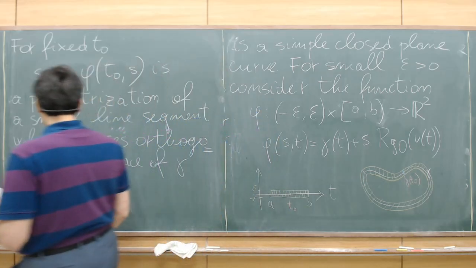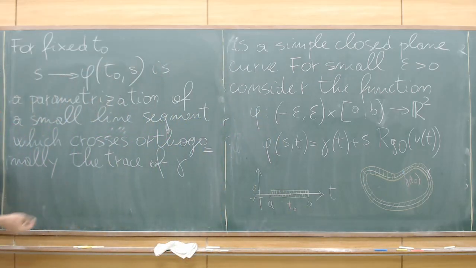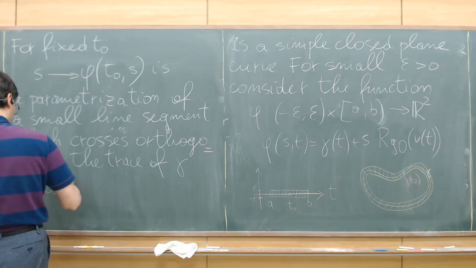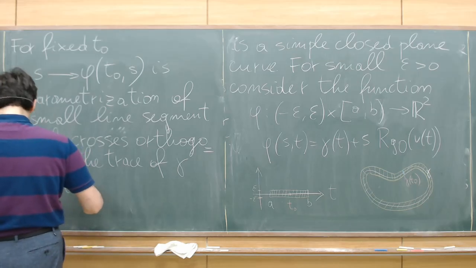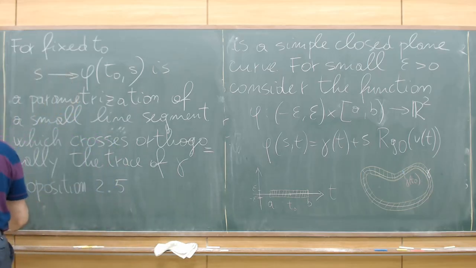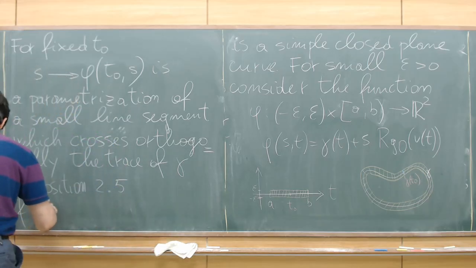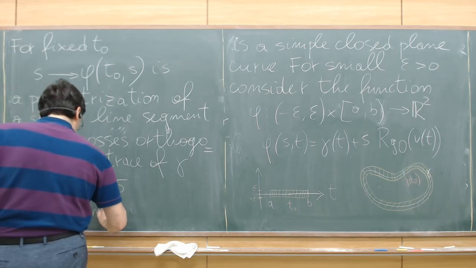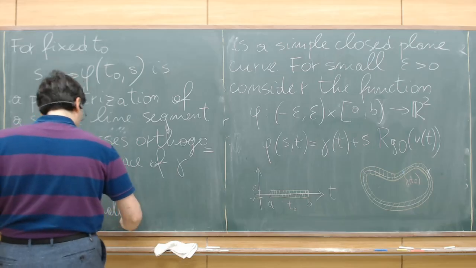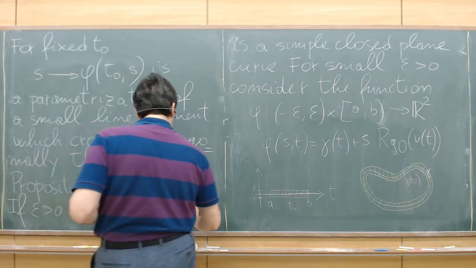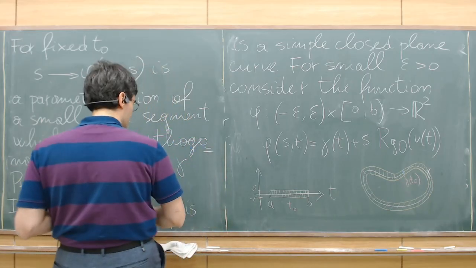I want to mention an important fact about this map phi. So we have proposition 2.5. If epsilon positive is small, then phi is injective.